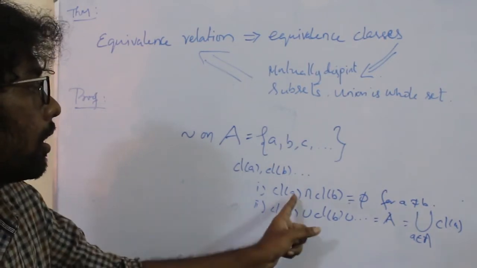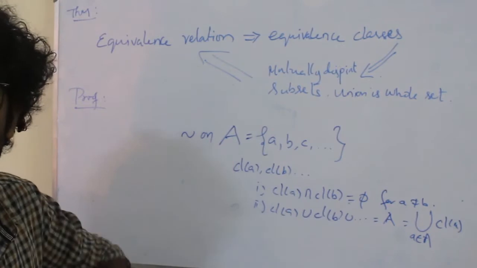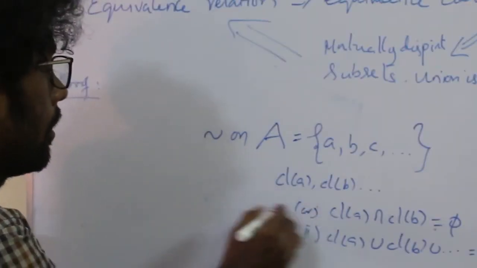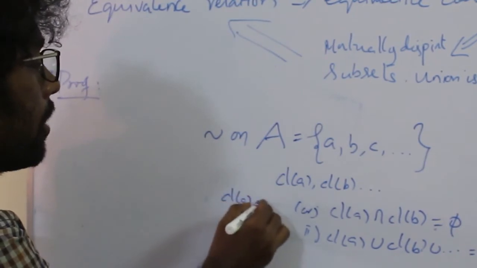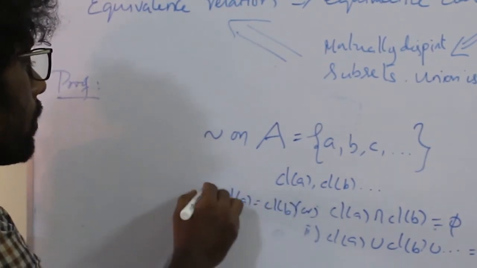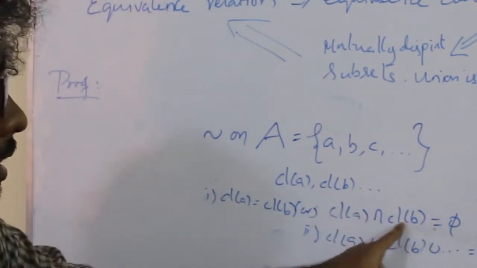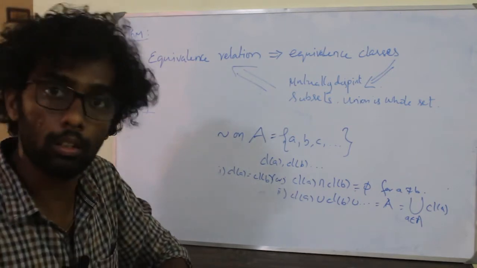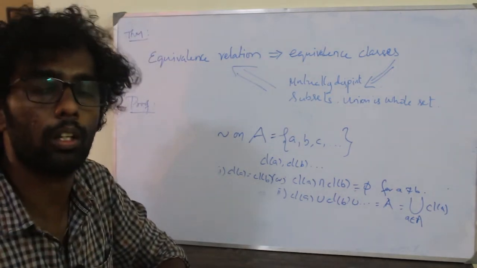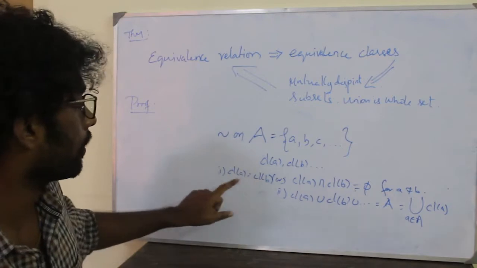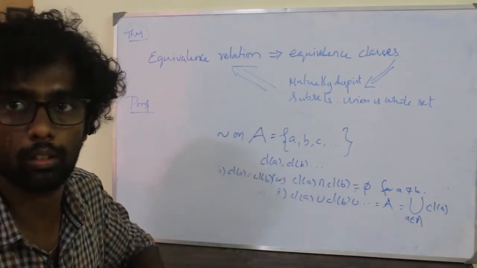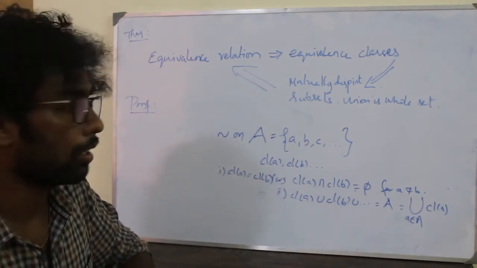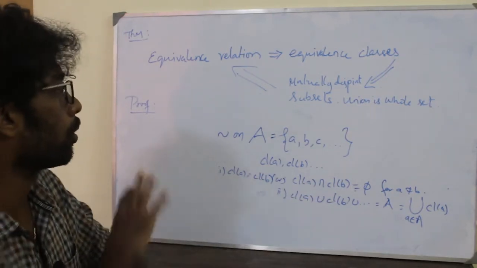One more condition is there: CL of A can be equal to CL of B. Either the intersection should be empty or they should be equal. The equivalence classes should either be equal or their intersection should be empty, because of the infinite sets. That's the logic. Second, the union should be the entire A. This is what we need to prove.